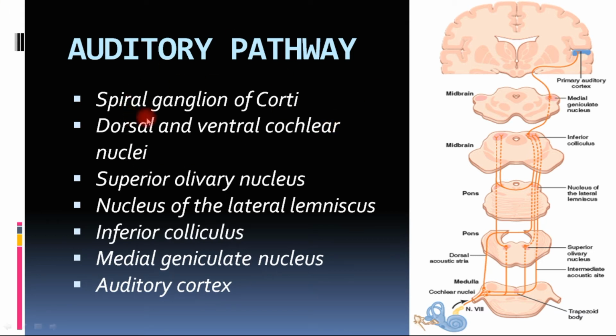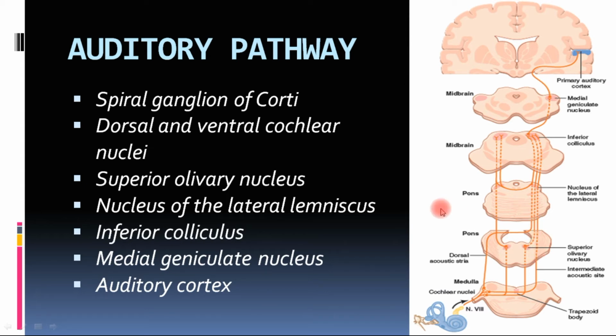As you can see, from the spiral ganglion of Corti it is forming the cochlear nerve and going to the cochlear nucleus, which is present in the medulla. The second destination is the superior olivary nucleus. Majorly they synapse at the contralateral side, few synapse at the ipsilateral, and few bypass without synapsing at all.